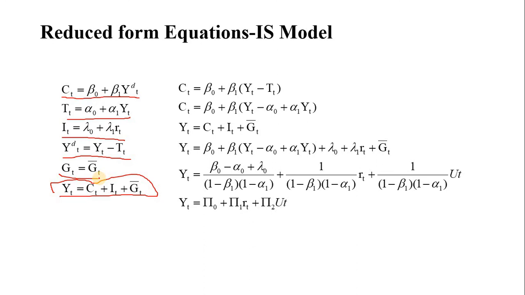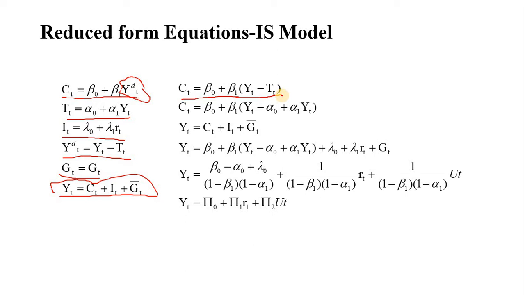Here also we can look at the equation ct is equal to beta 0 plus beta 1 ydt, where ydt is disposable income. I am substituting yt minus tax for disposable income.